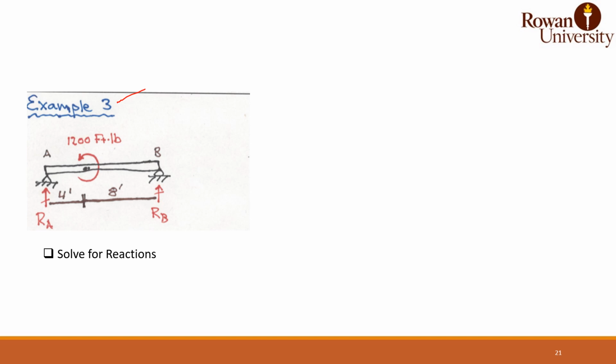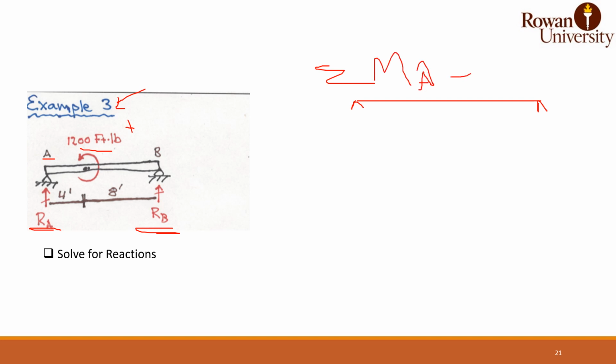Example number 3, we have a simple beam of 12 feet span. We have a concentrated moment at 4 feet away from point A of a magnitude of 1200 pounds per foot, in counterclockwise direction meaning positive. In order to get a reaction here, you take a moment around A to get RB.